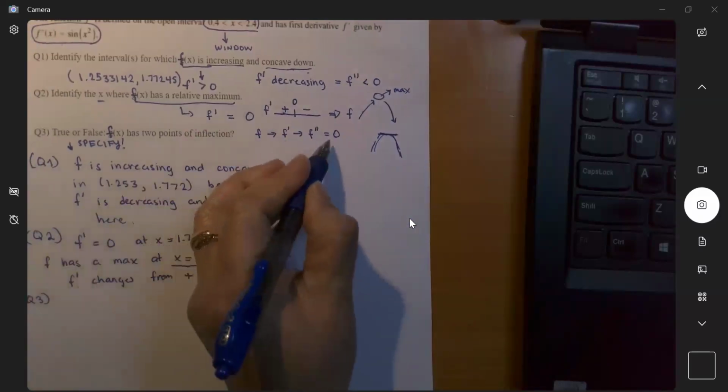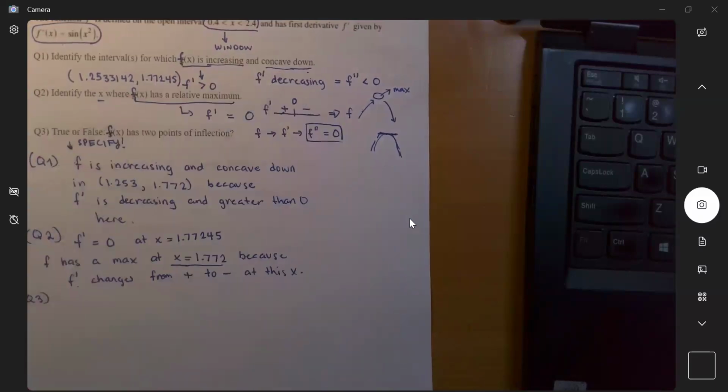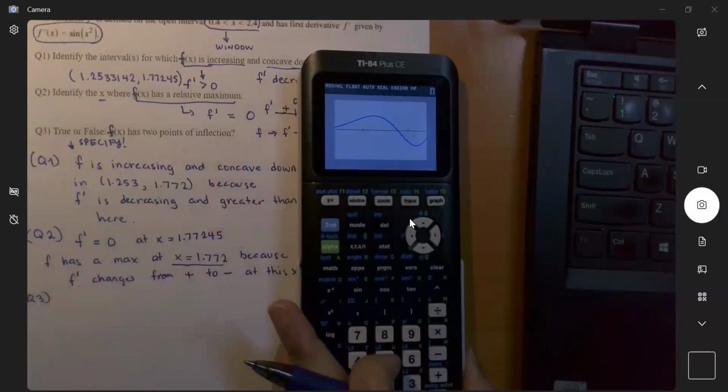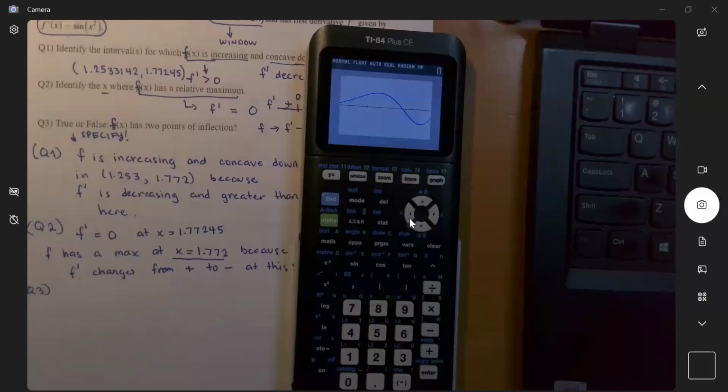Okay, find out where the second derivative is 0. And then we also want to check the signs if it was a table or a graph. Now, I cannot do it here because they gave me a first derivative.